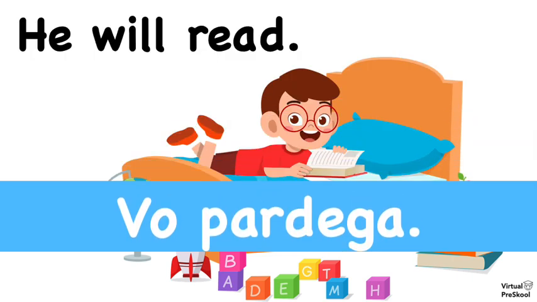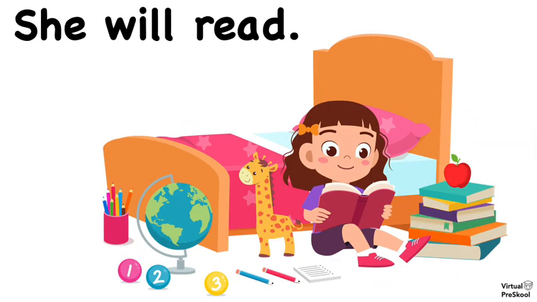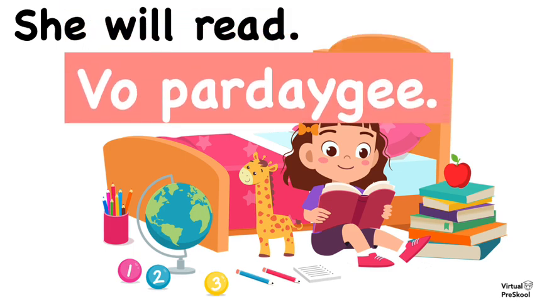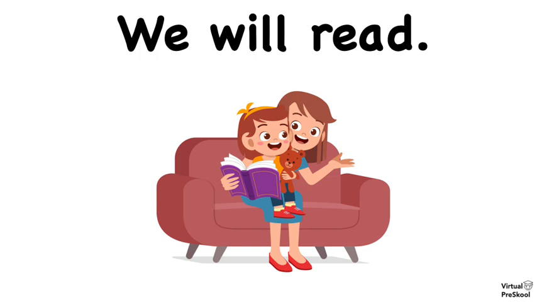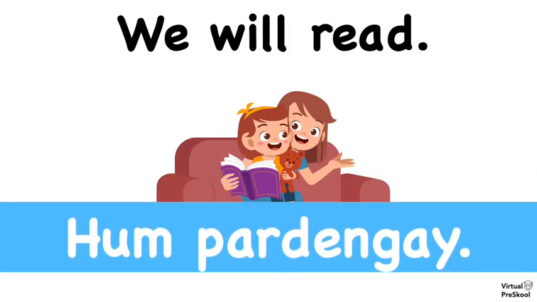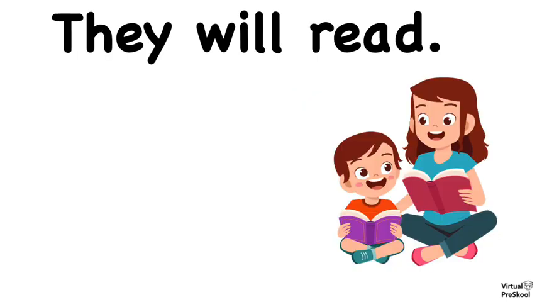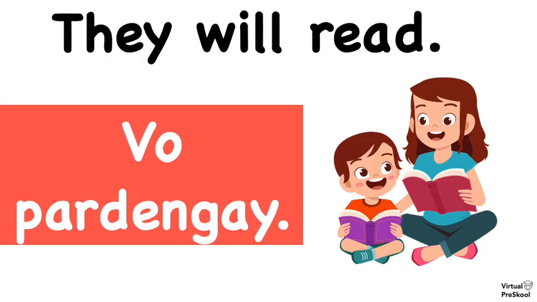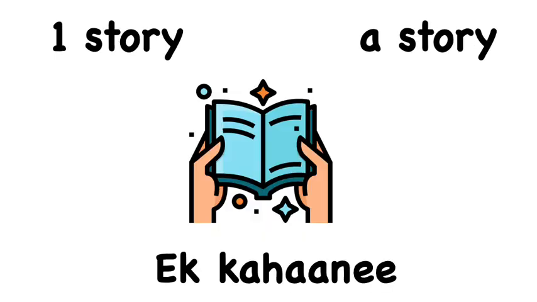The conjugation, एगा. She will read. वो पढ़ेगी. The conjugation, एगी. We will read. हम पढ़ेंगे. So we're reusing this conjugation, एंगे. And they will read. वो पढ़ेंगे. Again, the conjugation is एंगे.